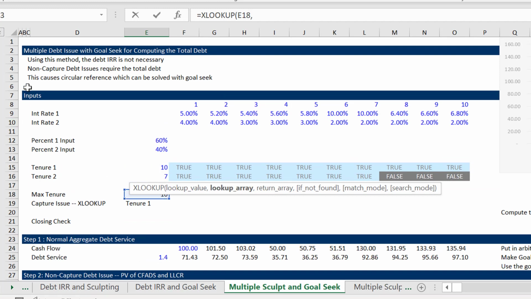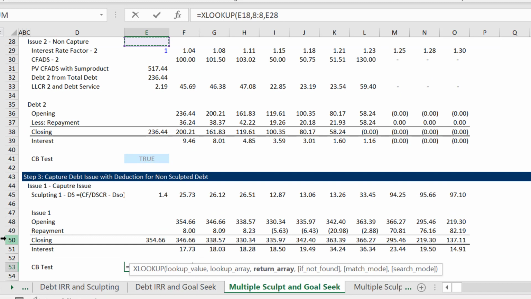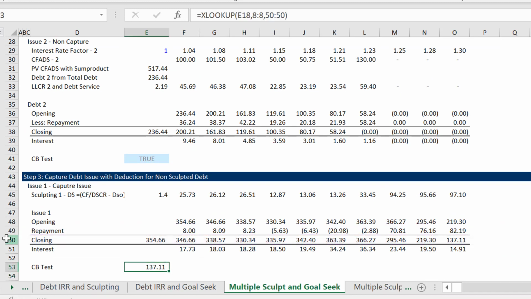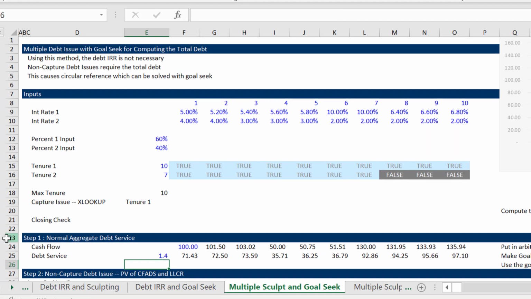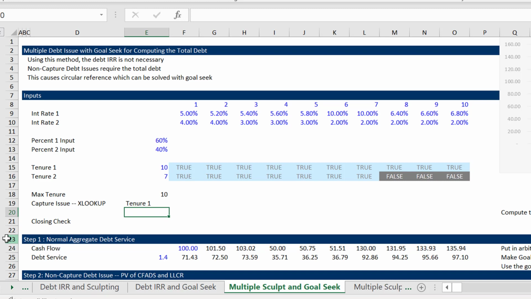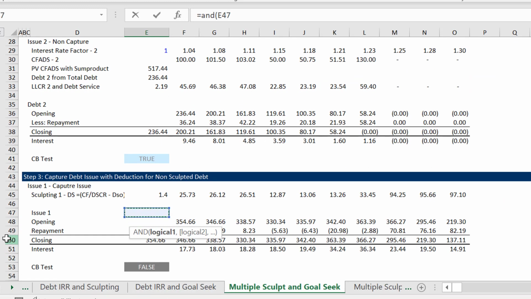And again, I'm just deciding right now to throw away lookup and use XLOOKUP. And of course, we'll do the round. This time I can say, of course, I think, equals 0. Okay, and now we can put our closing balance check as this one, comma, this one.